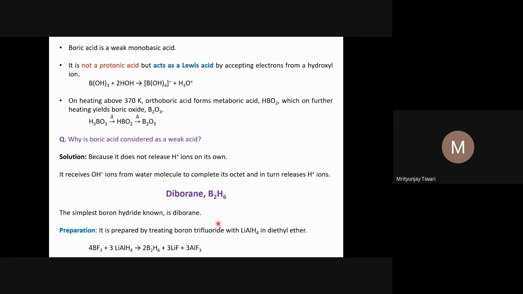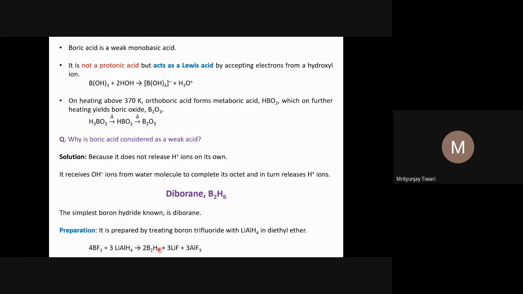So this is the simplest boron hydride, and it is prepared by treating boron trifluoride with lithium aluminium hydride in diethyl ether. If BF3 is heated with LiAlH4, the lithium aluminium hydride, then the formation of diborane happens.